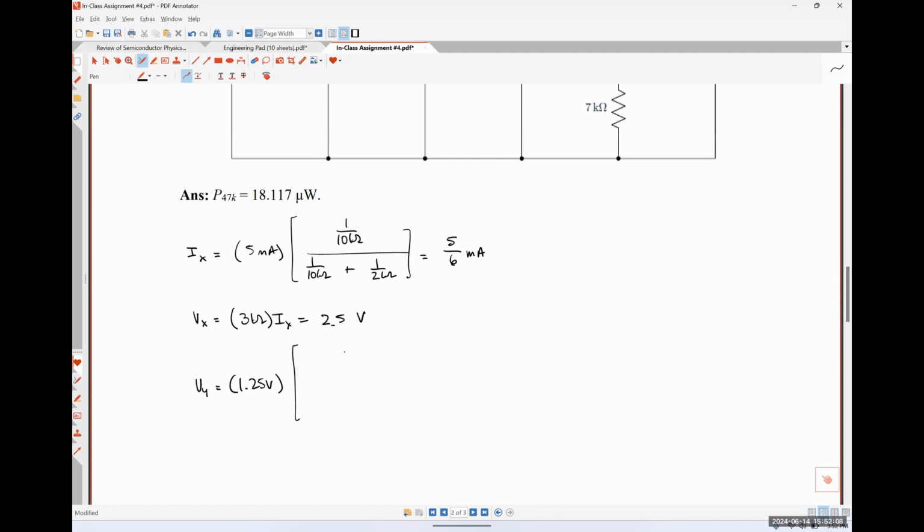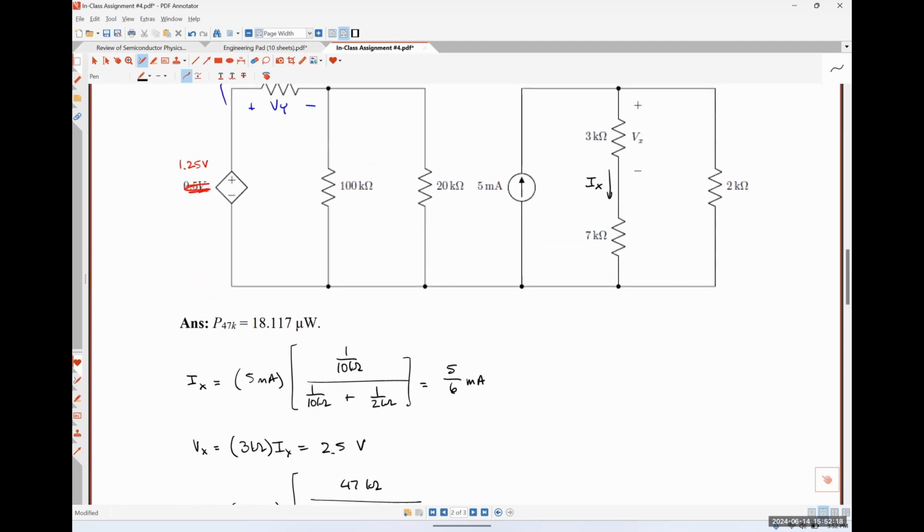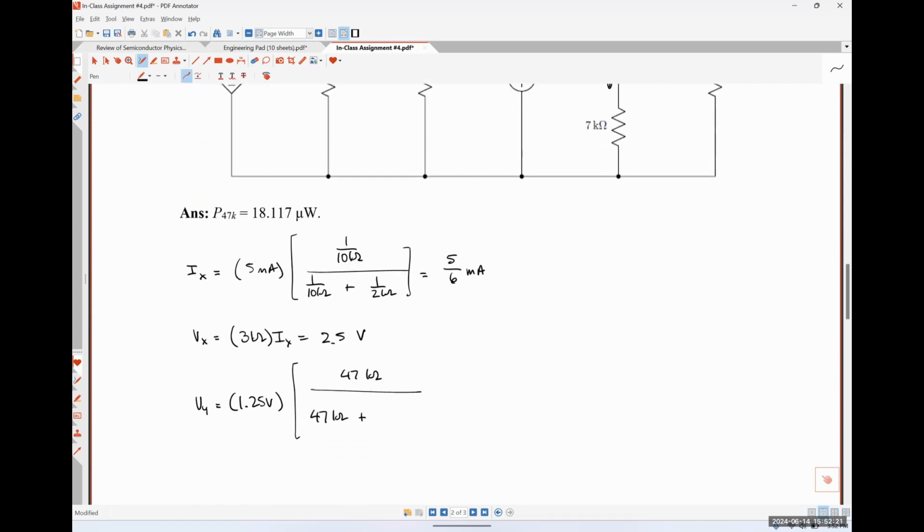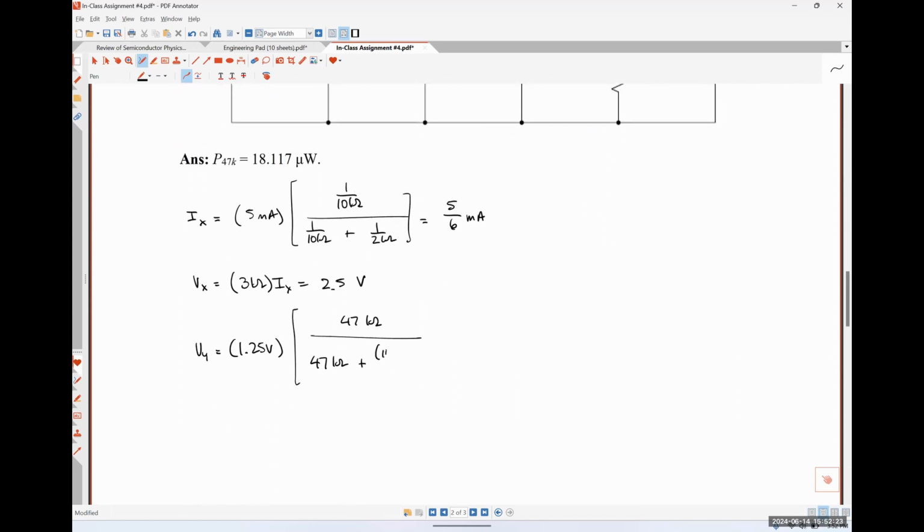The resistor that I'm trying to find the voltage drop over is the 47 kilo ohm resistor. And my network contains 47 kilo ohms in series with 100 in parallel with 20. So 100 kilo ohms times 20 kilo ohms over 100 kilo ohms plus 20 kilo ohms.